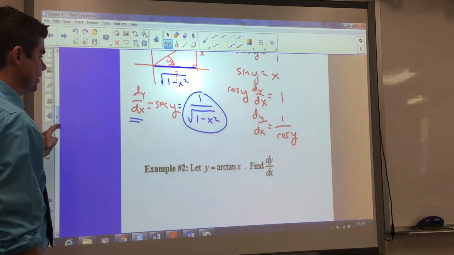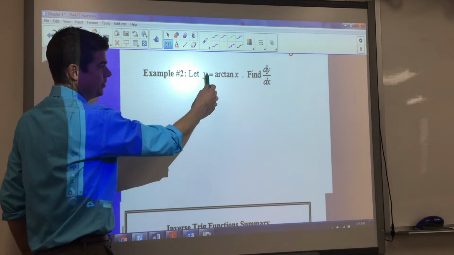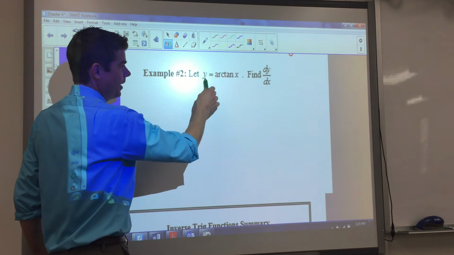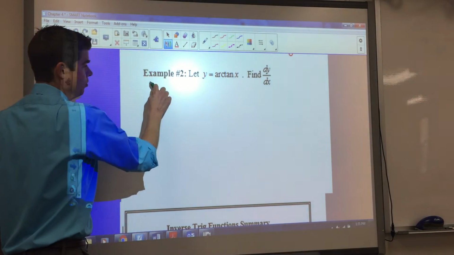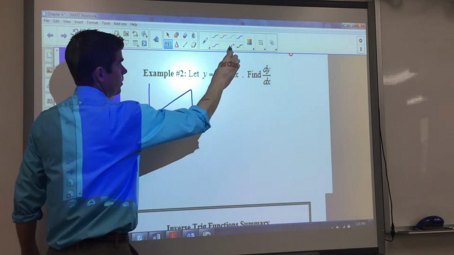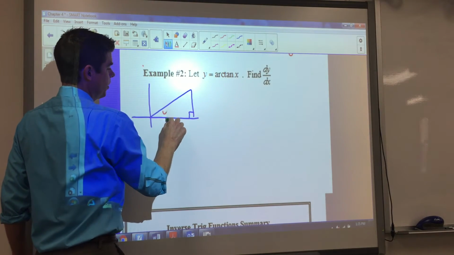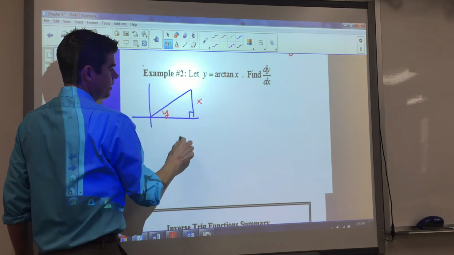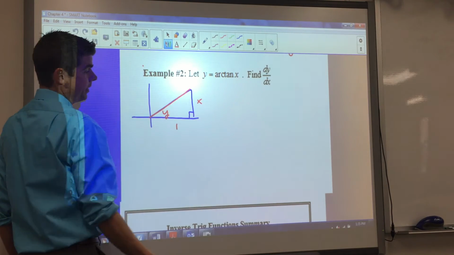Okay, tangent. Hopefully I won't get too tongue-tied here. If you think about what this means, y equals arc tangent. y is some angle whose tangent ratio is x to 1. So draw a picture. Here's angle y, here's the ratio x to 1, and if you want, we can go ahead and fill in the Pythagorean theorem already.